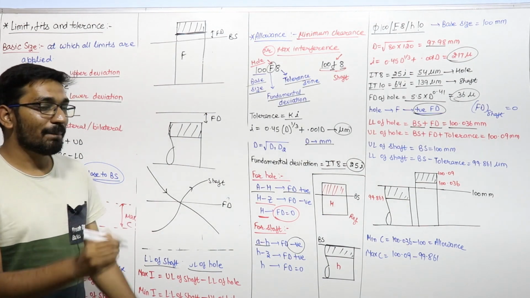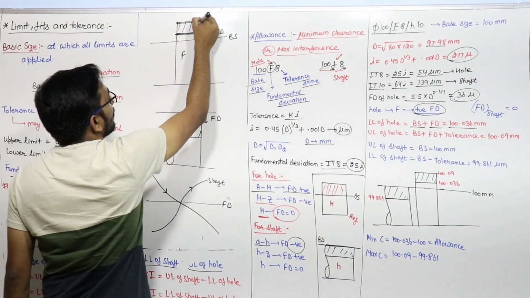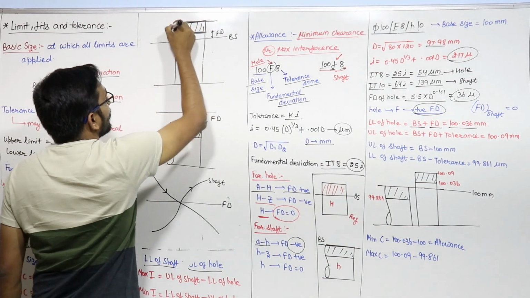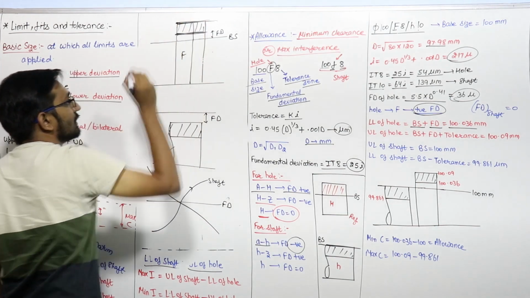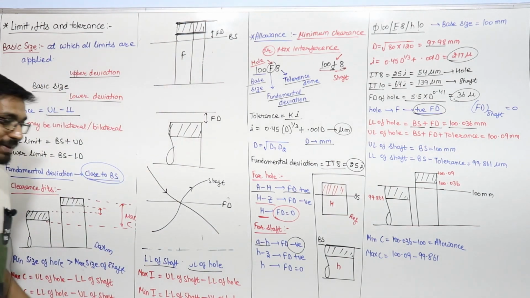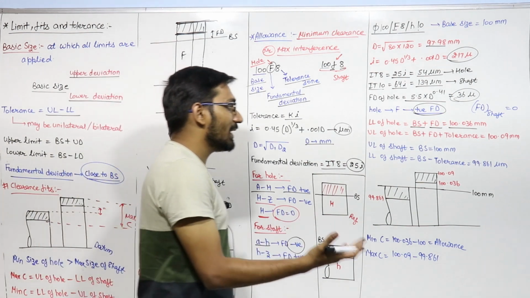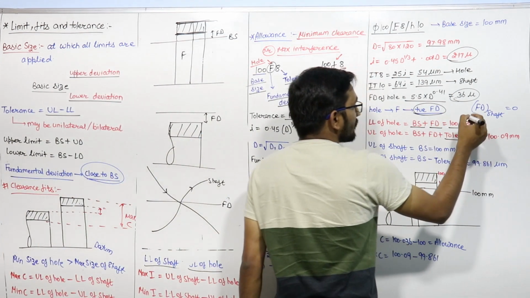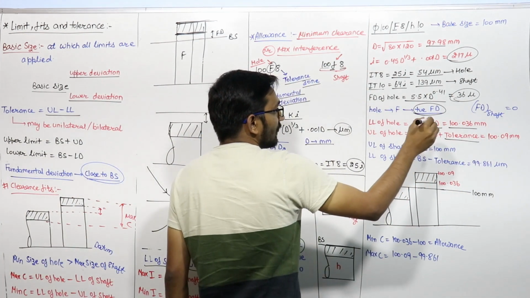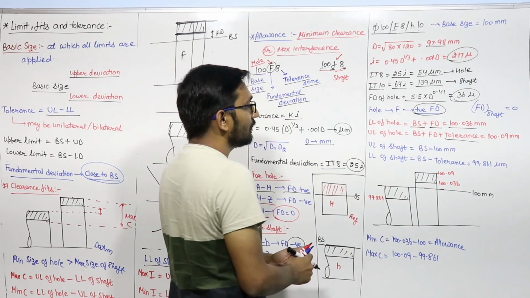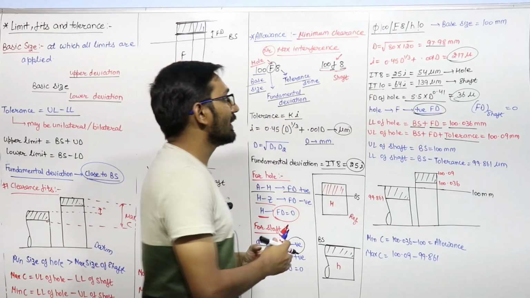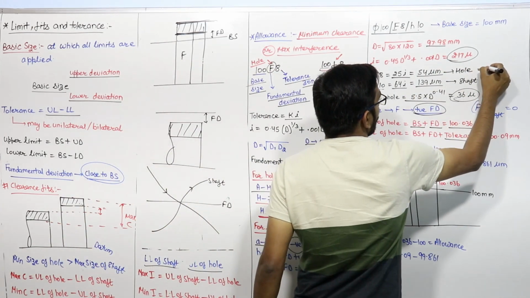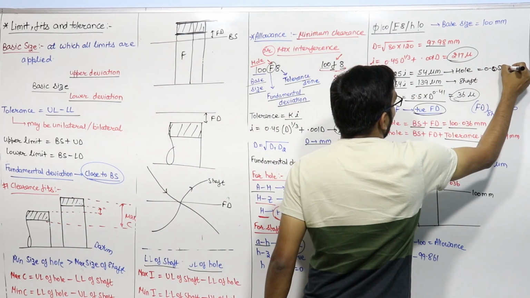What is the upper limit? What will the upper limit be? This one is basic size plus fundamental deviation plus tolerance. Right, basic size plus fundamental deviation plus tolerance. The tolerance is 54 micrometer, which is 0.054 mm.